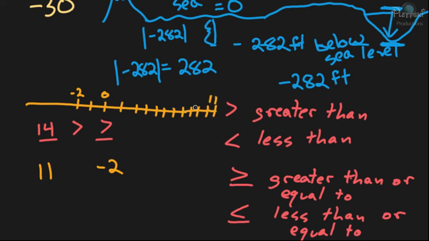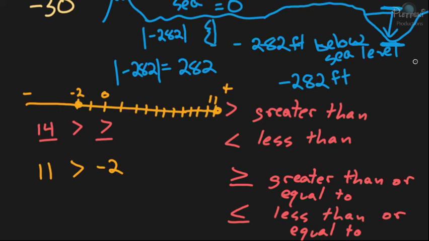There's 11 right here. Now compare those two. Well, remember, if it's farther right, it's going to be greater than, and farther left is less than. So how does 11 compare with -2? Well, 11 is farther right, so 11 would be greater than -2.